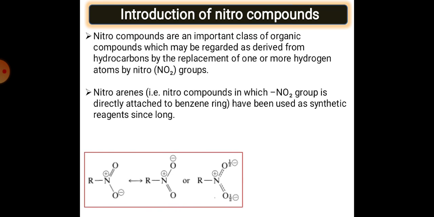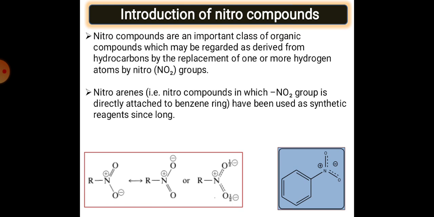Basically, first know the structure of the nitro group, NO2. Here R is either an aliphatic group, basically methane, ethane, etc., or it may be a benzene ring. So this is the structure of nitrobenzene, where NO2 is in delocalized form. What is delocalization? The electrons are shifted from one center toward another within the same molecule.